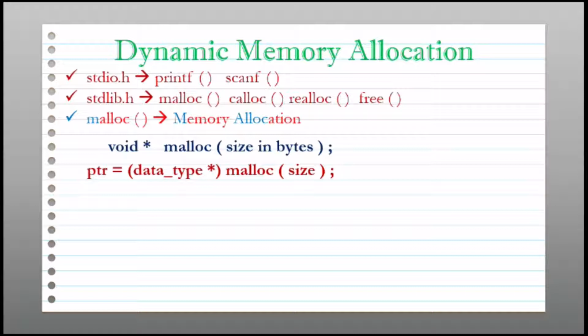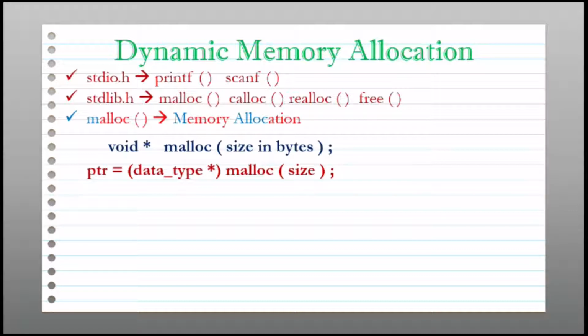Suppose we have created a block of 10 bytes, then ptr will hold the address of the first byte. Malloc is the name of the function, and in brackets size is the number of bytes we want to allocate. This malloc returns the value void which we have discussed already.